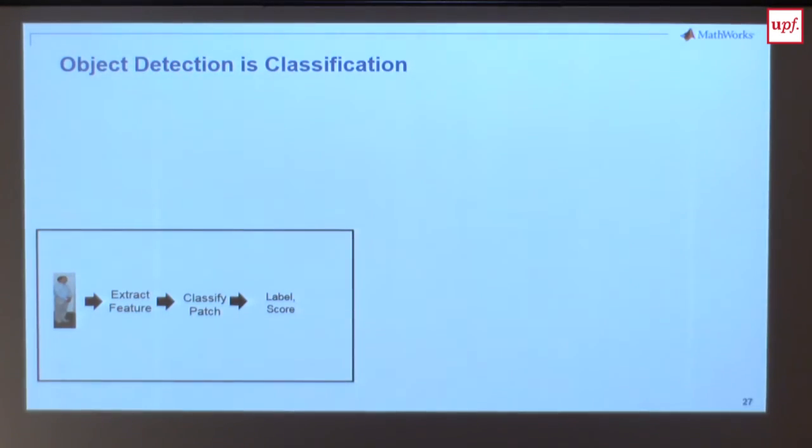So like I said earlier, object detection is classification. In this picture, you see I have a patch of a person. We extract the features, we classify the patch, and we get a label and a score.